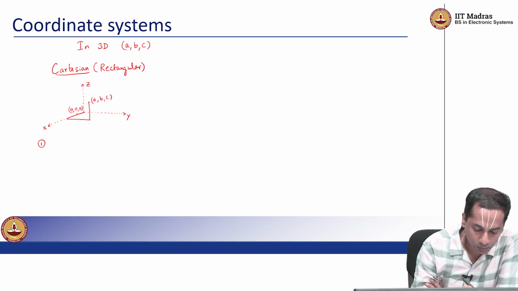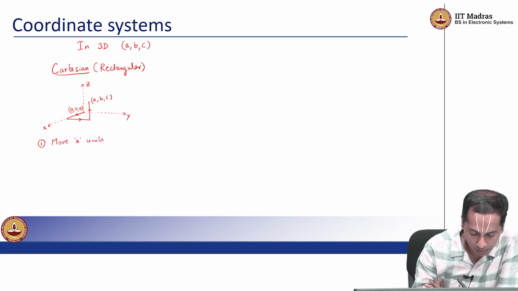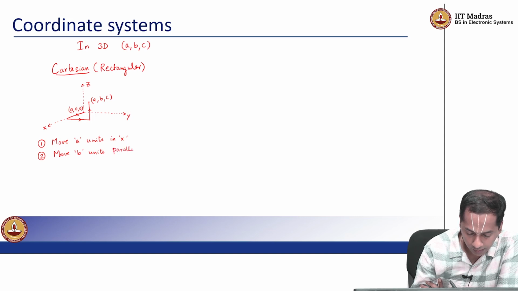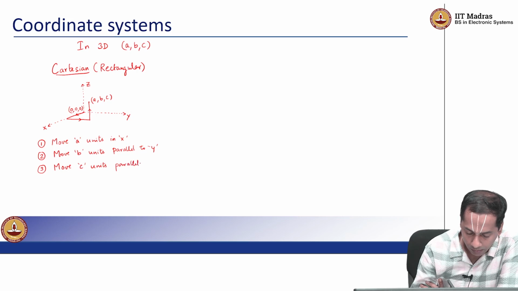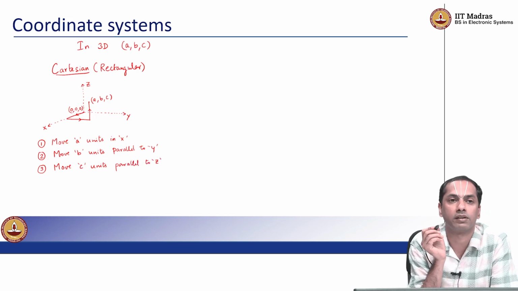Okay, the instruction would be to follow this path, which would be move A units in x and then move B units along, or let's say parallel to, the y axis, and finally move C units parallel to the z axis, right?